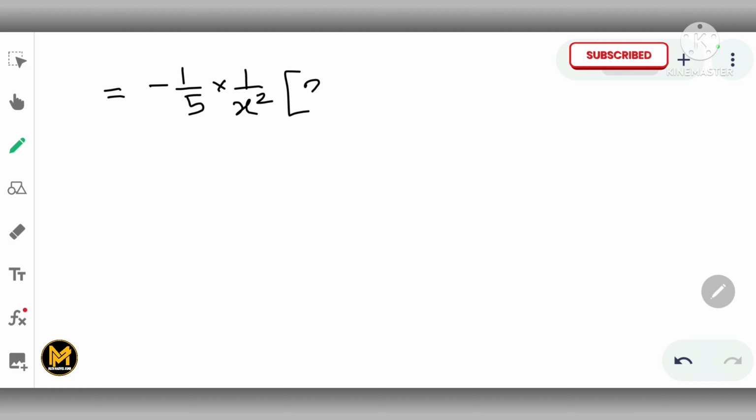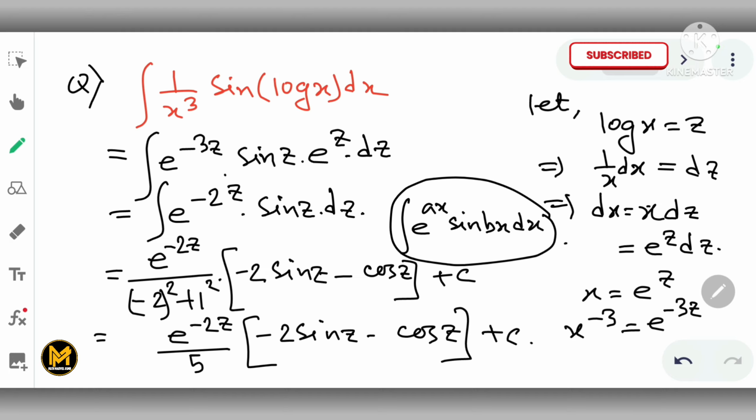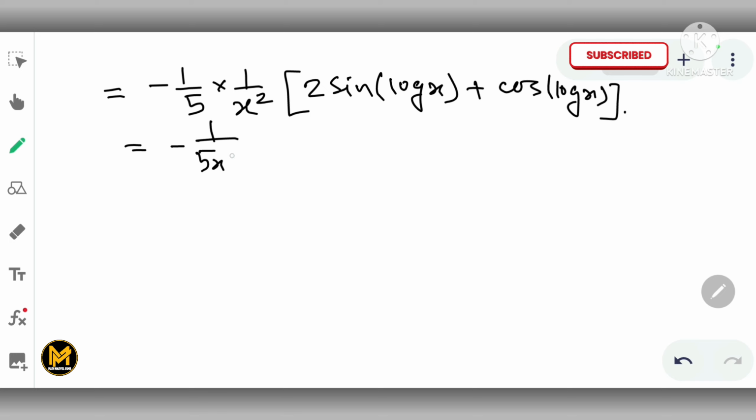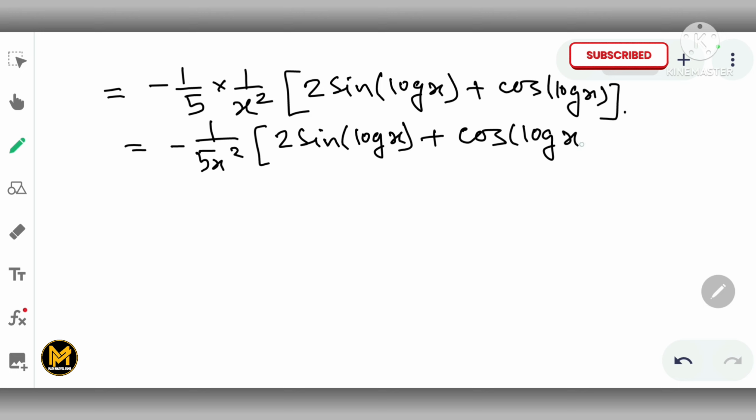Now inside the bracket it will be 2 sine of log x plus cos of log x, which is equal to minus 1 by 5x square times twice sine log x plus cos of log x, and plus c obviously will be there. This is the answer.